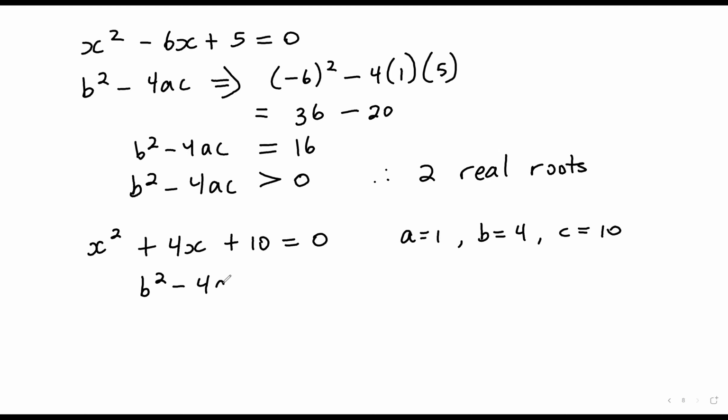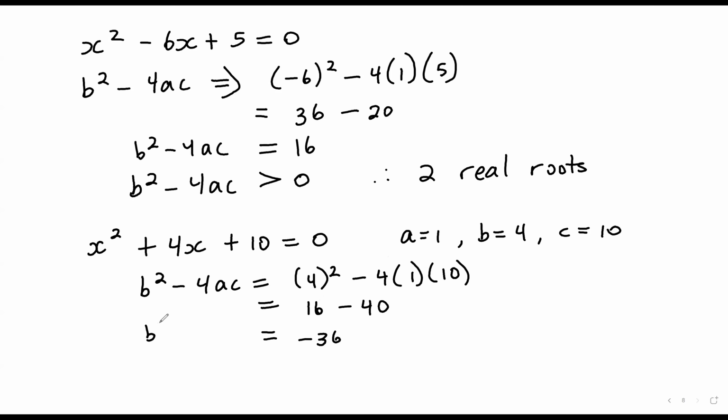b squared minus 4ac will be 4 squared minus 4 times a, which is 1, times c, which is 10. So 4 squared is 16, minus 4 times 1 times 10 is 40. 16 minus 40 is negative 36.